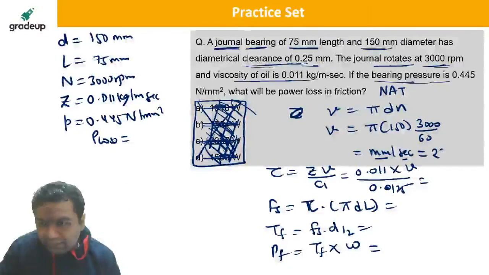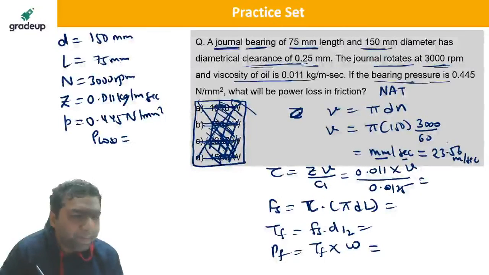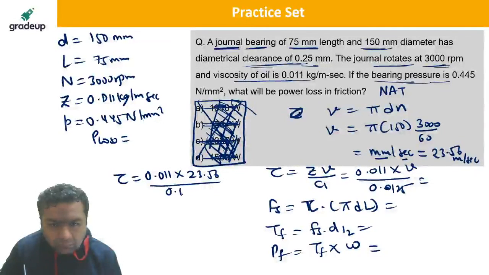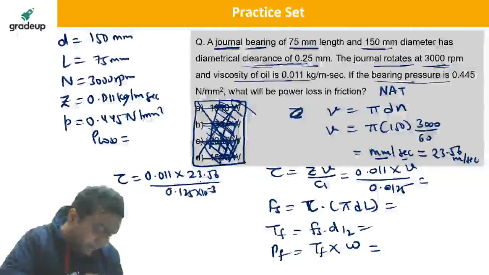So it will be 23.56 meter per second. Shear stress will be 0.011 into 1000.